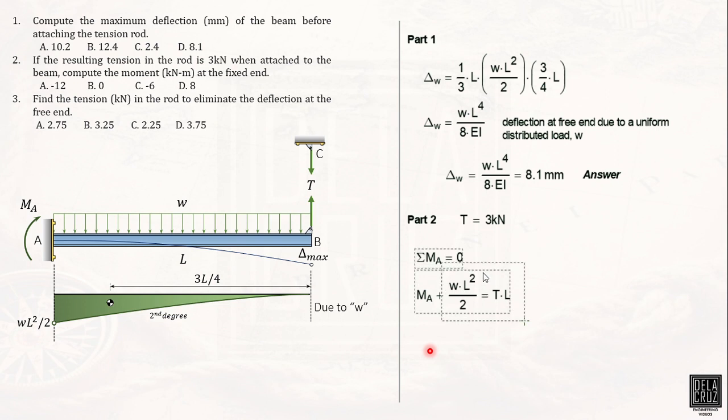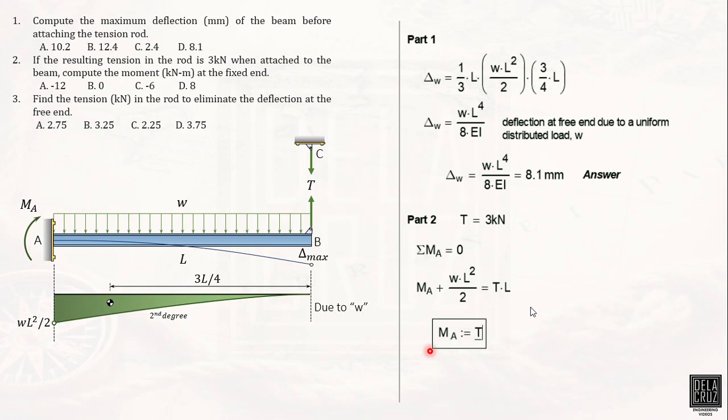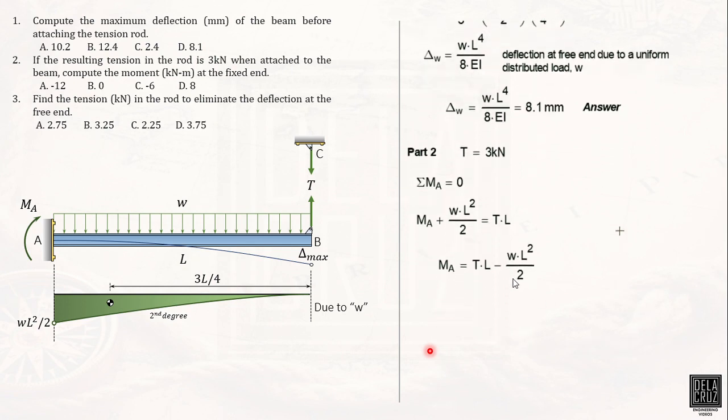Okay. So, i-cross multiply, transpose na lang natin, that would be TL minus this one. Okay? So, what would be the value of MA? Kilonewtons meters. Bakit 0 siya?